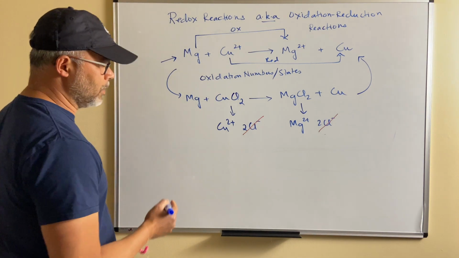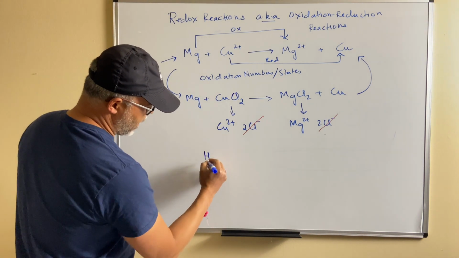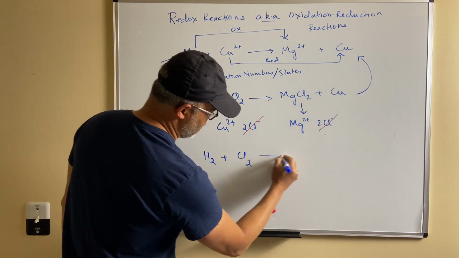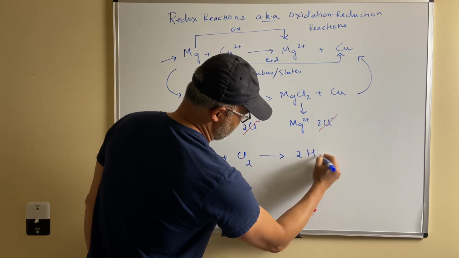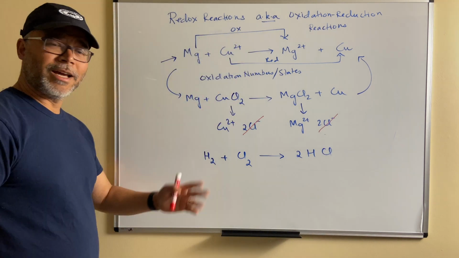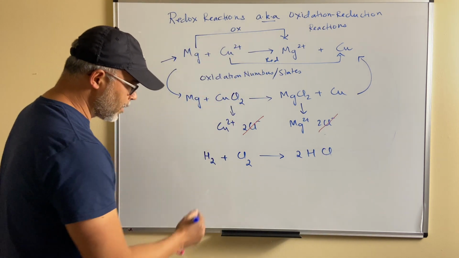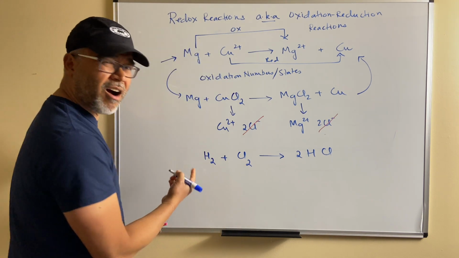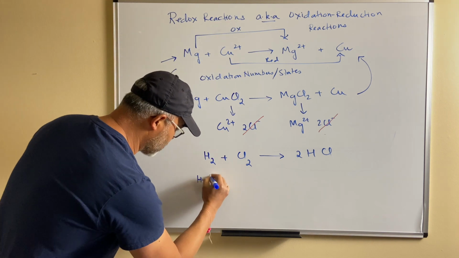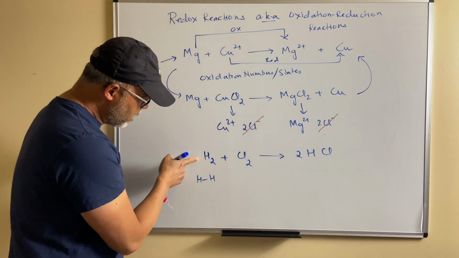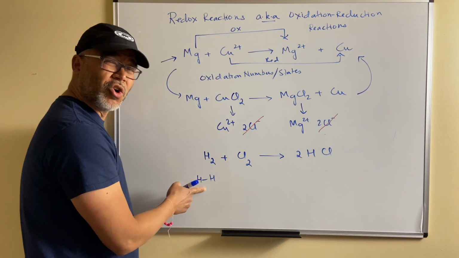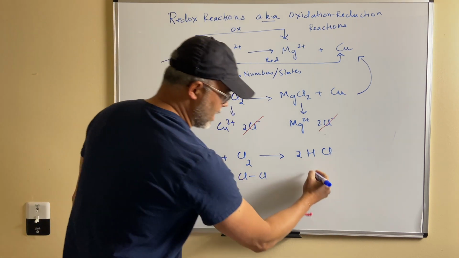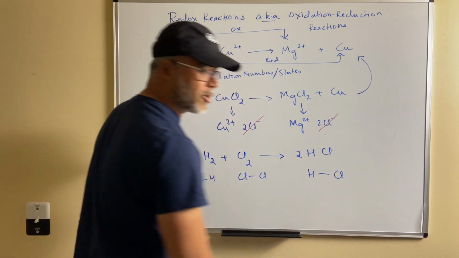Consider another example, okay? Let's say I have hydrogen plus chlorine giving me 2HCl. So here I have a nice little reaction. If I try to understand what happened in this reaction, it's going to be hard for me to figure out who got oxidized and who got reduced, because the H2 has a covalent bond, the Cl2 also has a covalent bond, and the HCl also has a covalent bond.